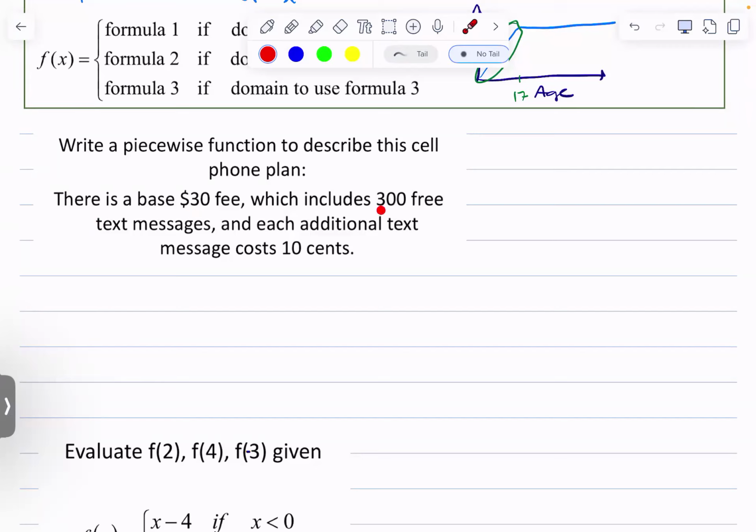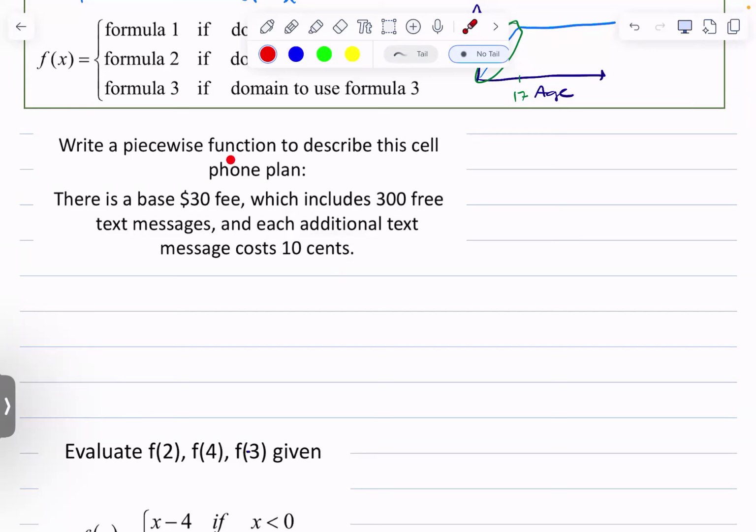That includes 300 free text messages. Can you imagine? Now we just send them willy-nilly, but no. And then each additional text message costs 10 cents. So up to and including 300 text messages, it's $30. And then you get charged an additional fee.